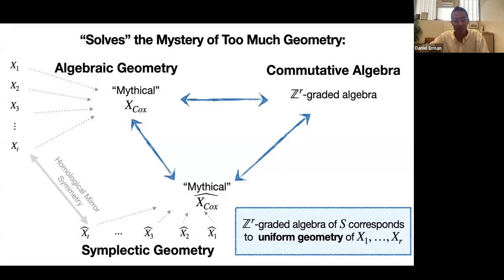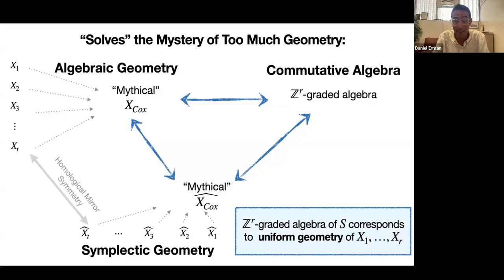So if you want to put the multigraded algebra in conversation with the toric geometry, you need to think about the Cox category perspective, where a sheaf gets spread among all the X's. And so you have a sheaf and its Fourier-Mukai transforms, or you look for geometric properties which are uniform among all of these. So for instance, all of the X's have the same dimension, and that's reflected in algebraic things.